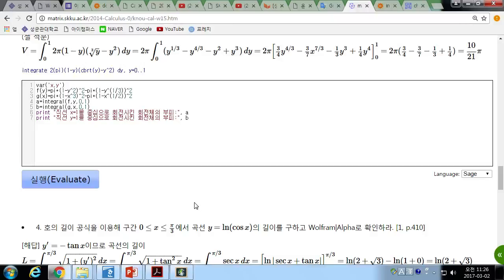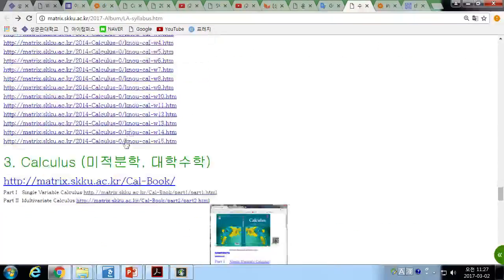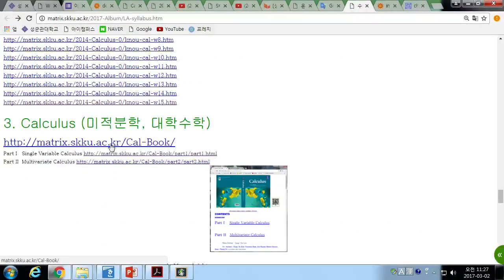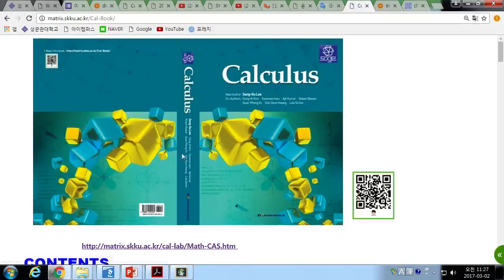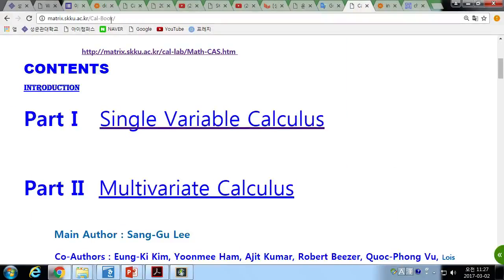The conceptual mathematics of modern mathematics starts from the introductory linear algebra class that you will cover in this course. And also the calculus here, I think you can do more. In calculus class, you are learning single variable calculus in the first semester and multivariate calculus in the second semester.